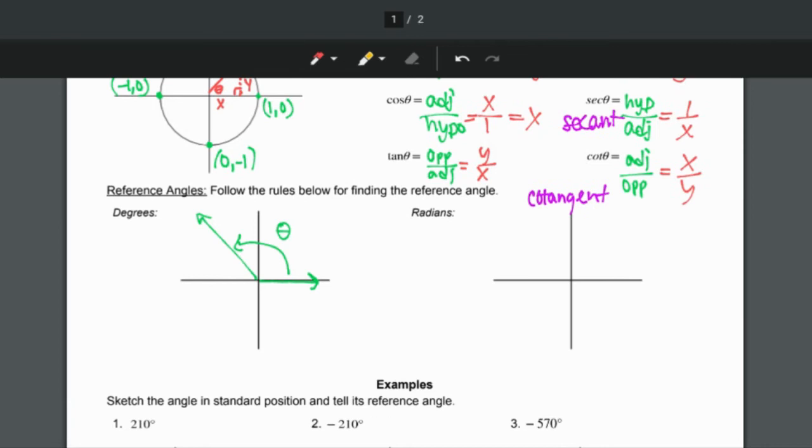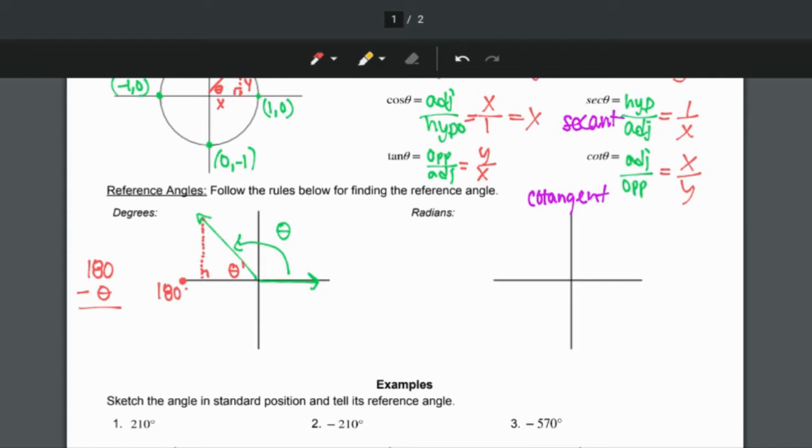For this angle, which has a terminal ray in the second quadrant, I'm going to create a reference triangle by drawing in a vertical line that goes perpendicular to the x-axis. This is going to be my reference angle, which I'll label as theta prime. So what you would do is figure out the difference between 180 and the original angle.